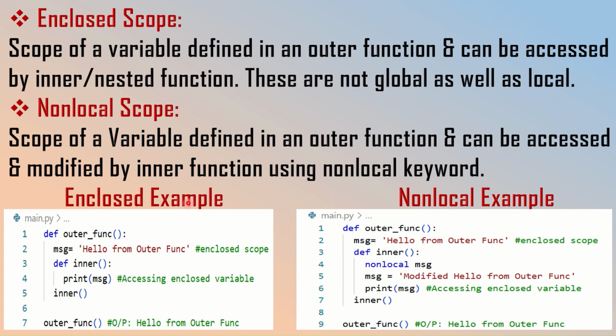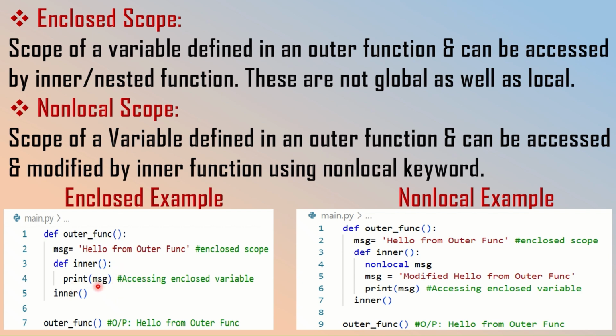Here I have given an example for enclosure scope, wherein I have declared an outer function. Within this function, I have declared one variable and assigned a value to it, saying hello from outer function. Inside this function itself, I have declared another function, which I call a nested function, named inner. Inside it, I am trying to print the value of the message variable.